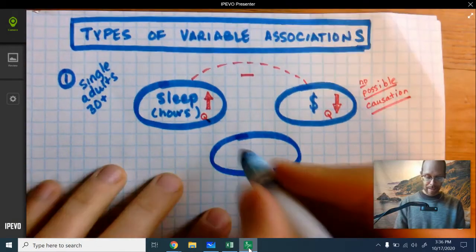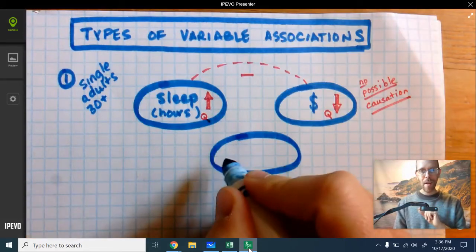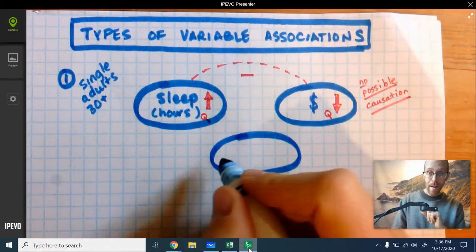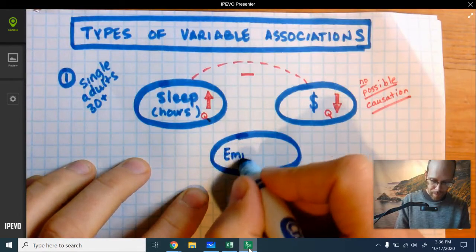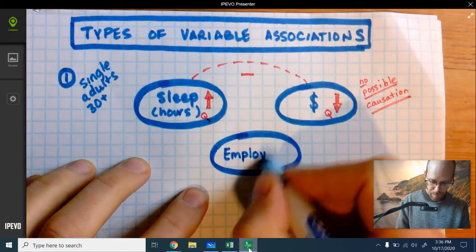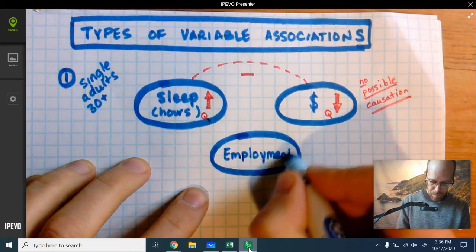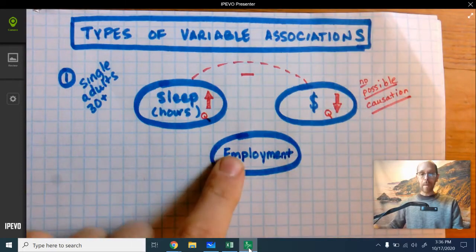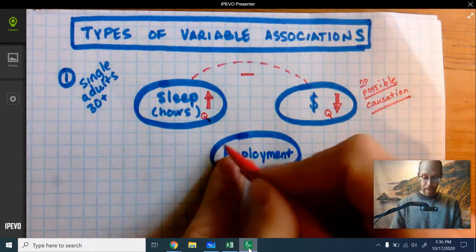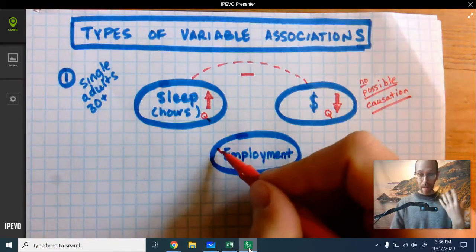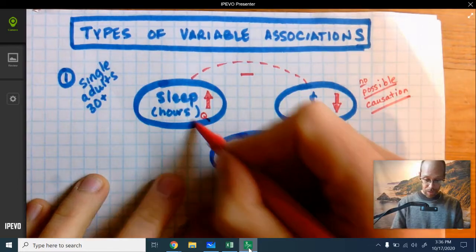In this case, there is a variable. Can you guess what it is? It's employment. If a person is employed, that person tends to spend a lot of time at work and sleep less.